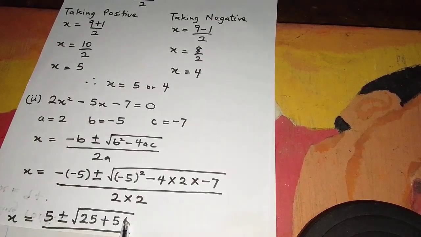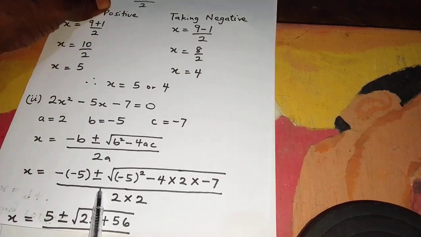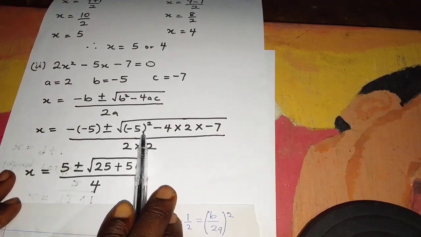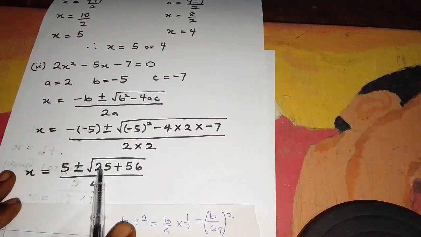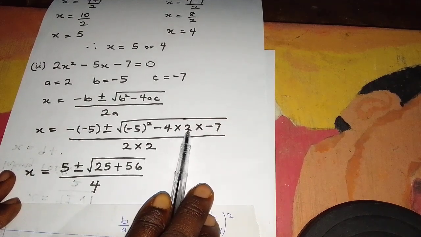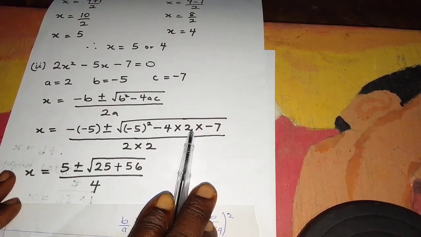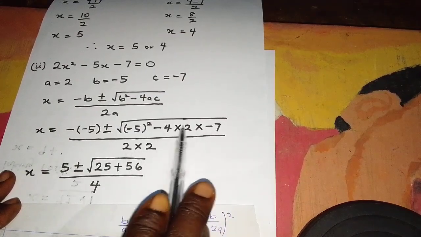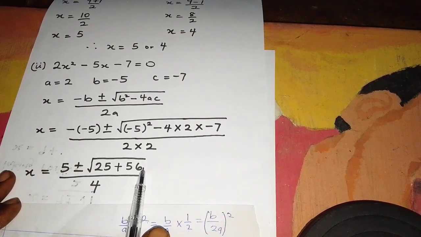So you having two signs beside each other here. Minus times minus here will give us plus 5 plus or minus. Minus 5 squared will give us minus 5 times minus 5, which is 25. Minus 4 times 2 will give us minus 8. Minus 8 times minus 7. Minus times minus will give us plus. 8 times 7 will give us 56.